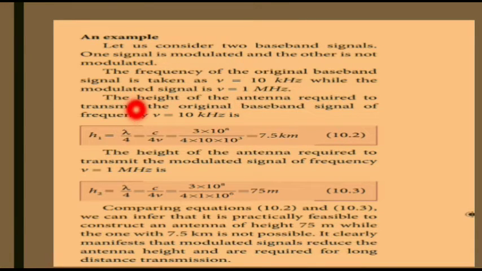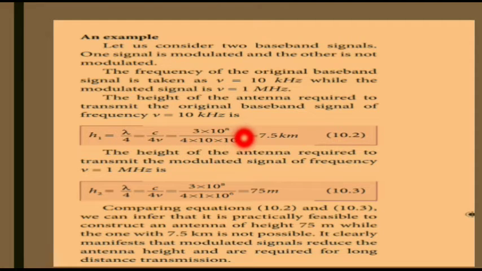See the height of the antenna required to transmit the original baseband signal of frequency nu equal to 10 kilohertz. We have to find the height of the antenna, which is equal to lambda by 4, which is equal to c by nu, because lambda is equal to c by nu.